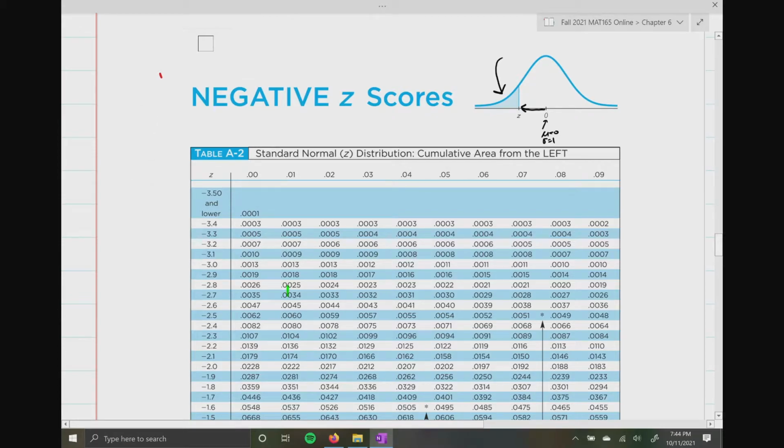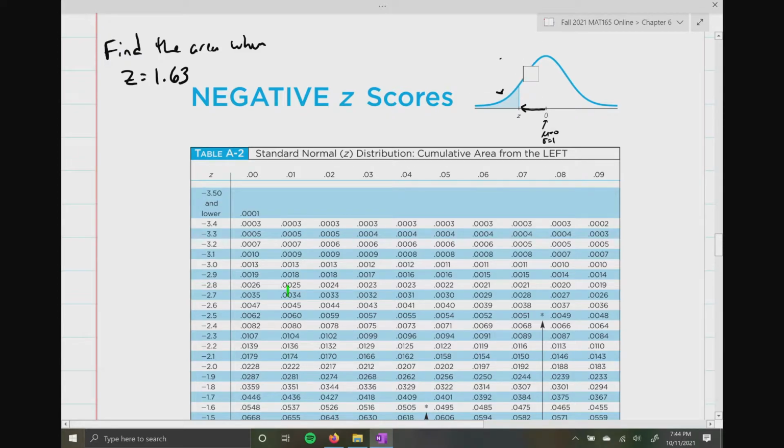So let's see here. Let's find the area when z equals 1.63. So this is going to be a positive value.